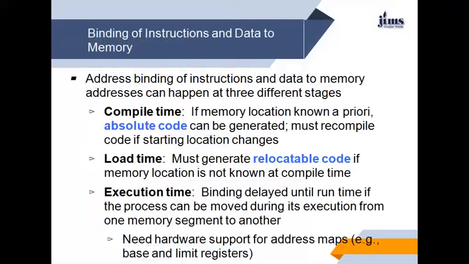At load time, we must generate relocatable code if the memory location is not known at compile time. The third one is execution time: binding is delayed until runtime if the process can be moved during its execution from one memory segment to another.